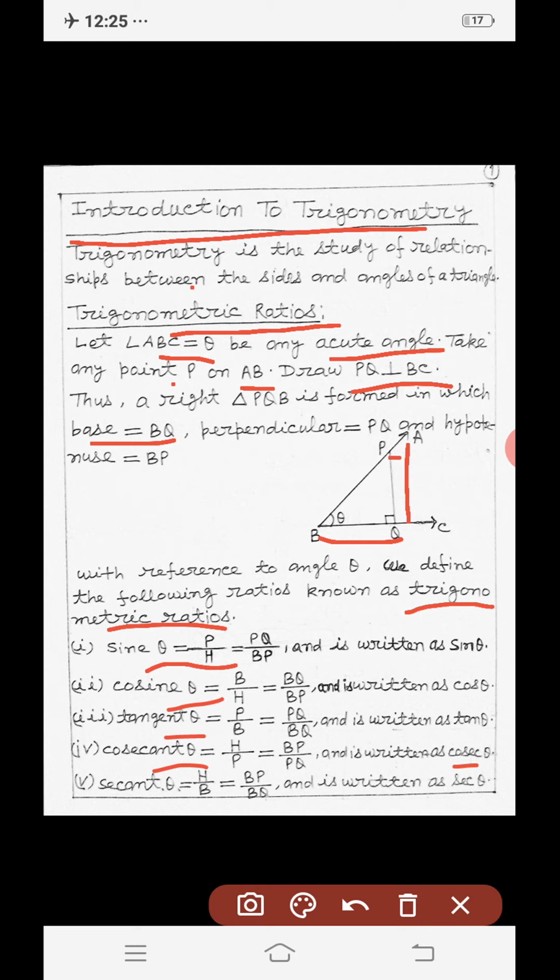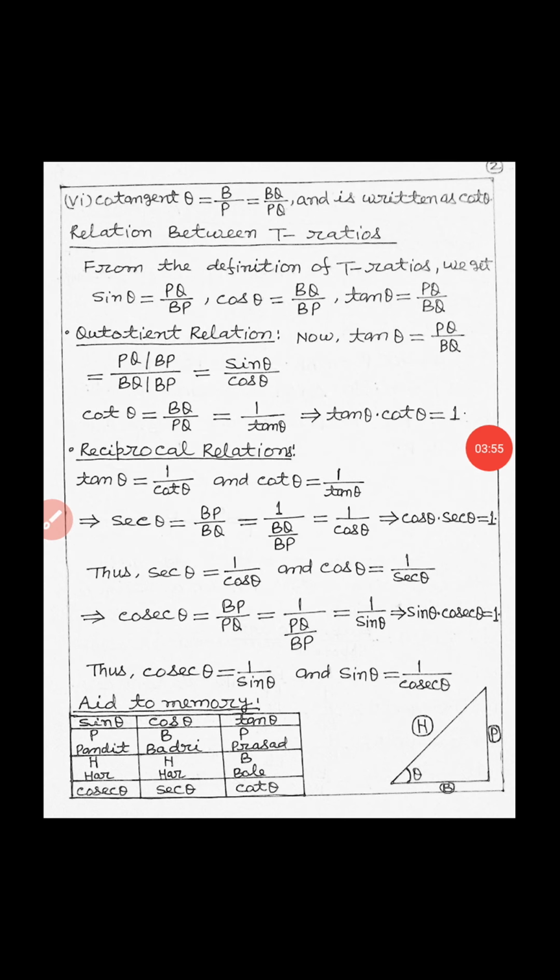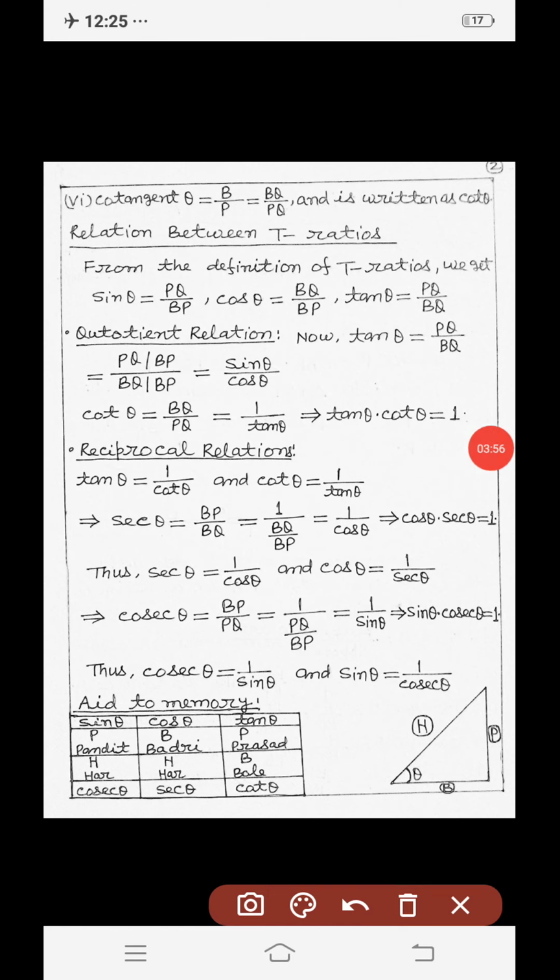Fifth, secant theta is equal to hypotenuse by base. This is equal to BP by BQ and is written as sec theta. And sixth, cotangent theta is equal to base by perpendicular.